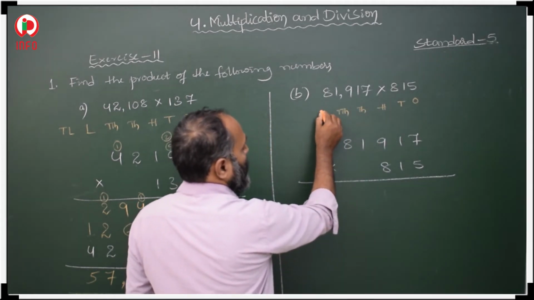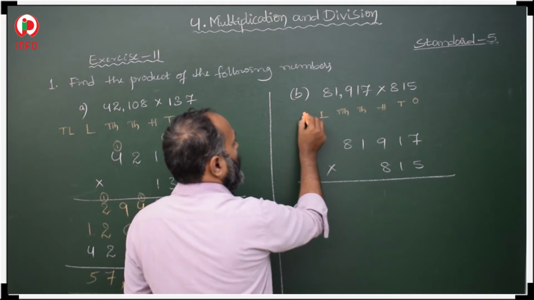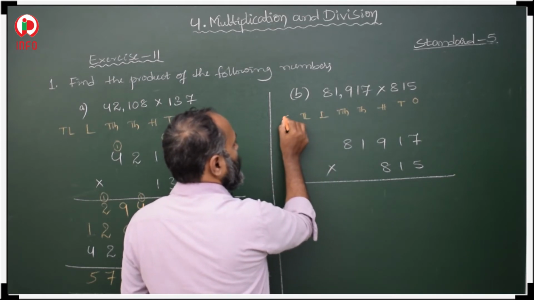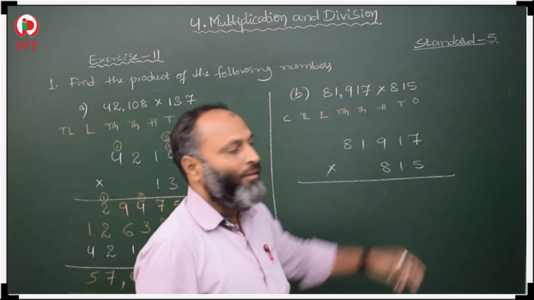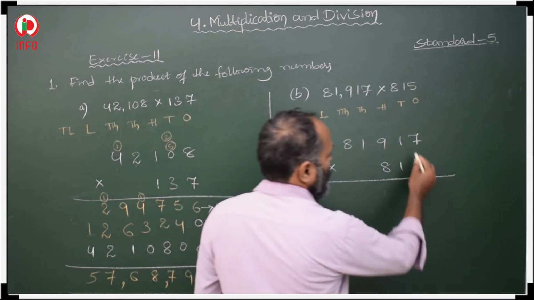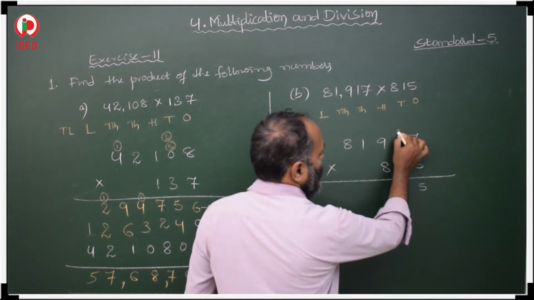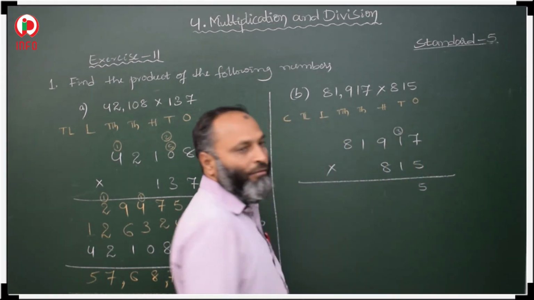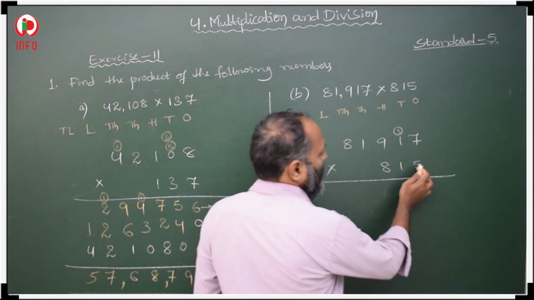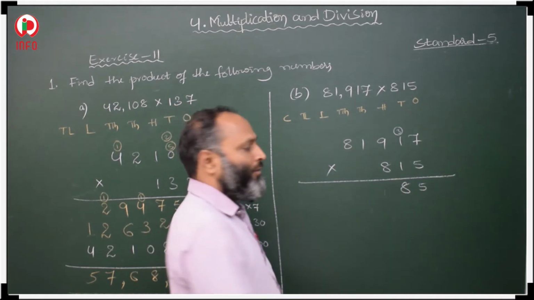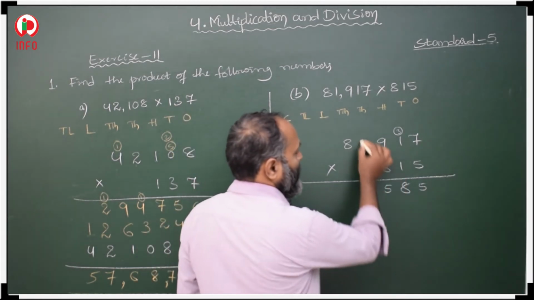After that lakh, 10 lakh, next crore, like this. Then we start with 5. 5 sevens are 35, 5 here and 3 here. 5 ones are 5, 5 plus 3, 6, 7, 8. 5 nines are 45, 45 means 5 in hundreds, 4 in thousands.